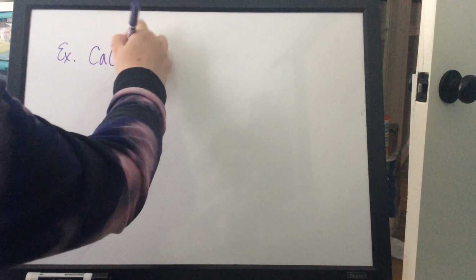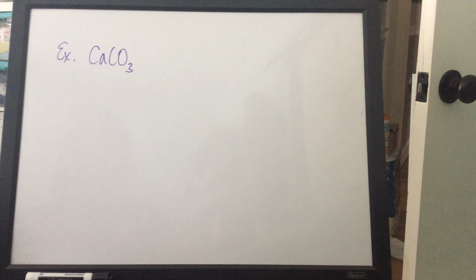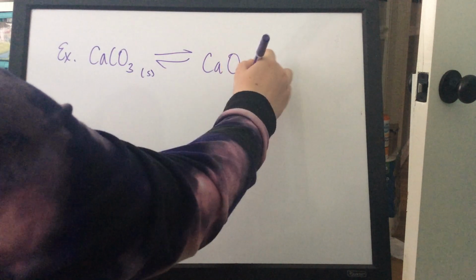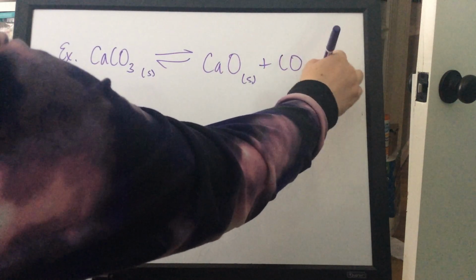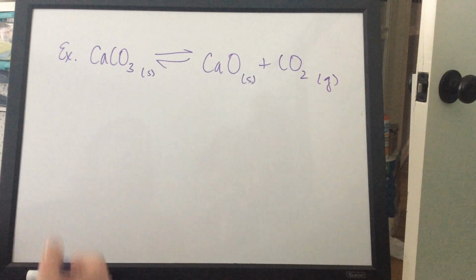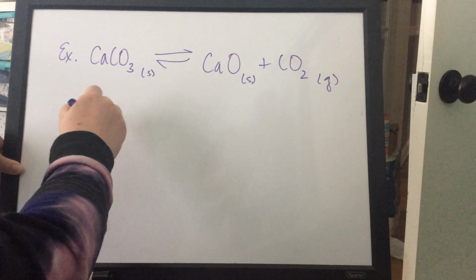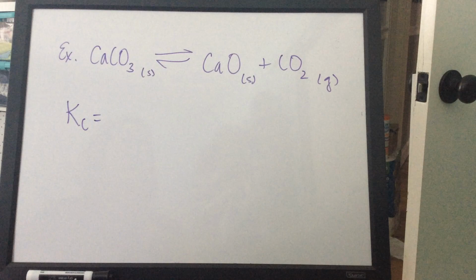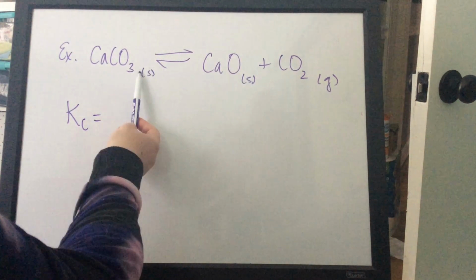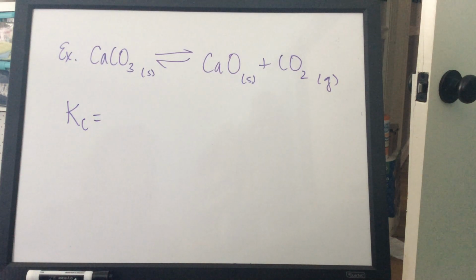So then you could have a reaction that looks like this. Which is actually a very interesting reaction, because if I were to write a Kc expression for this, so again, Kc, always products over reactants, well, I have one product that's a solid and my only reactant is a solid, which means I'm going to ignore them altogether.